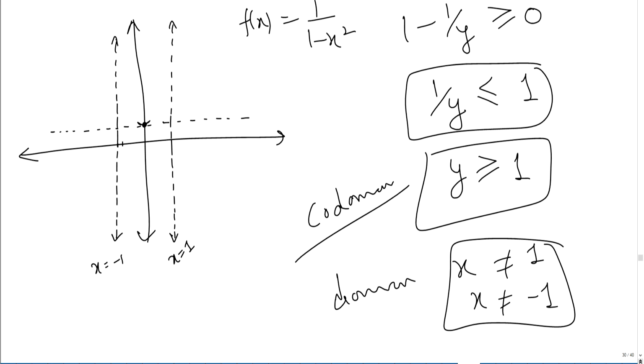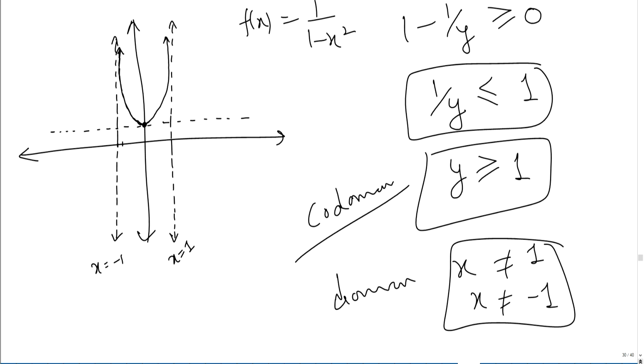So that would be 1 minus 0.95, which would be 0.005. So 100 by 5, 20. So it is increasing. It is a very large value when x gets closer to 1. So the graph would look something like this. As you go closer to x equals 1, the values will keep on increasing and grow very large. Similarly, when you go closer to x equals minus 1, this will keep increasing and grow very large.